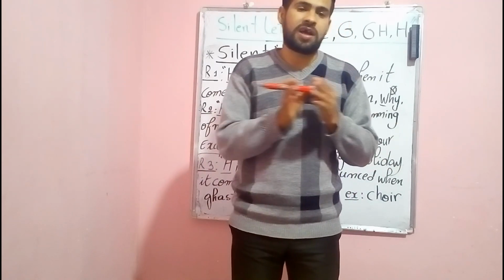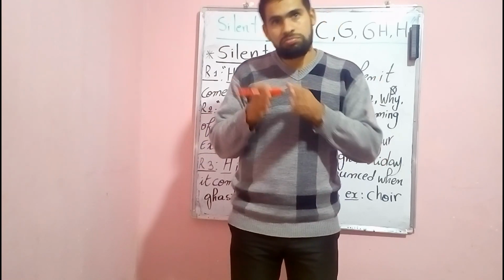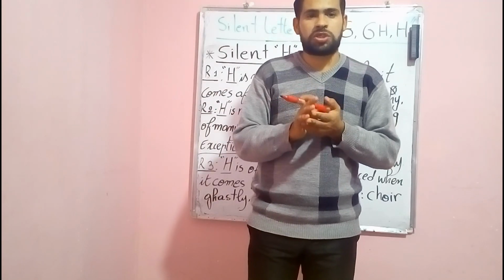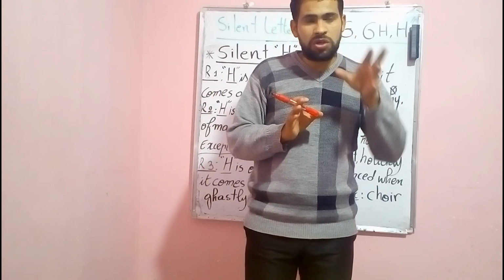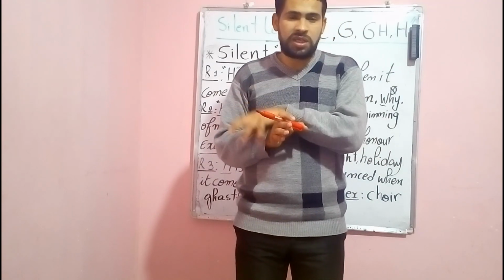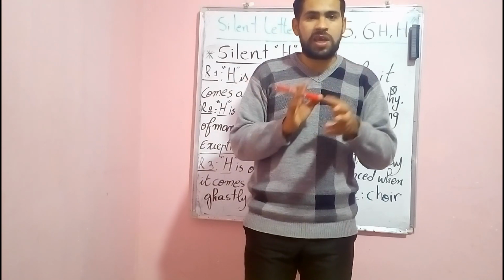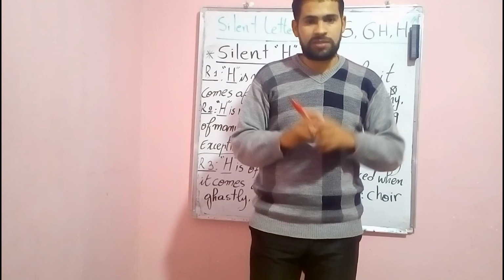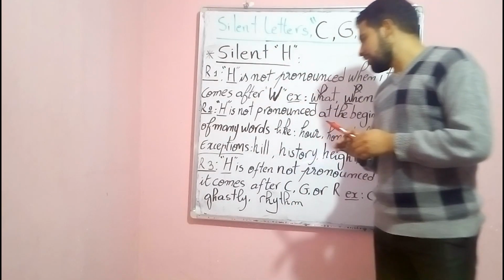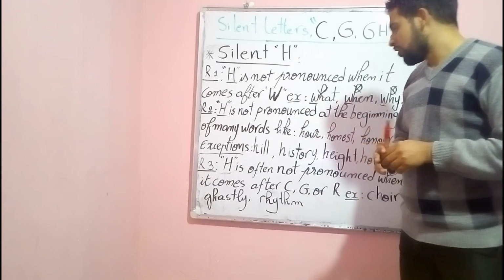So words from English origin, you can pronounce H, okay, but words that are from French origin and used in the English language, usually we do not pronounce H at the beginning. Is it clear for the moment? Okay, so let's see rule number 3.